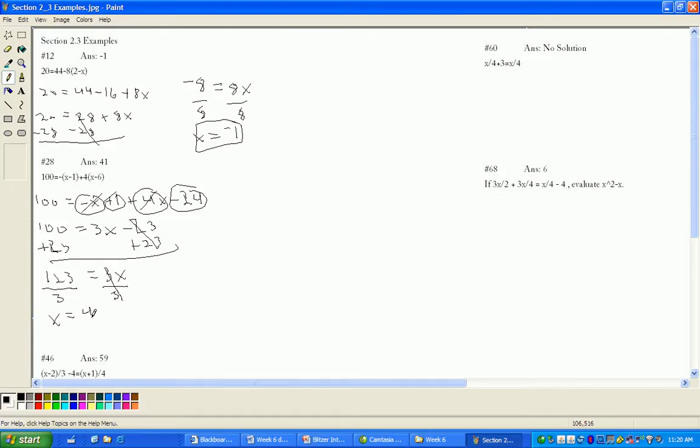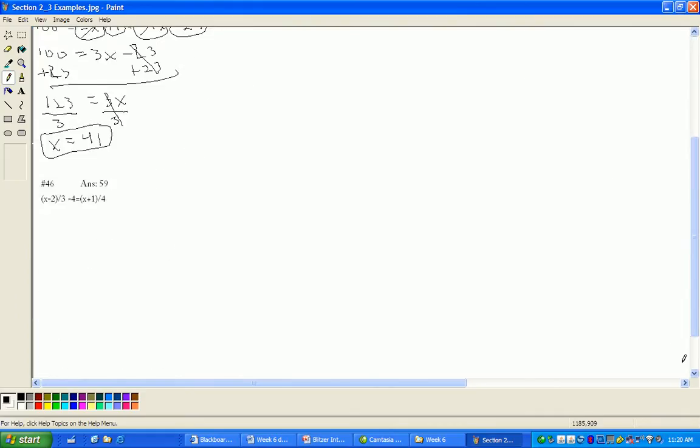To check our work, we go ahead and plug 41 in there and we should get 100. Number 46, I wrote it out like this. It was easier on my computer, but we'll handwrite it here so we can figure out what to do first.